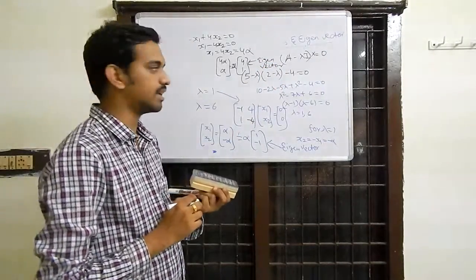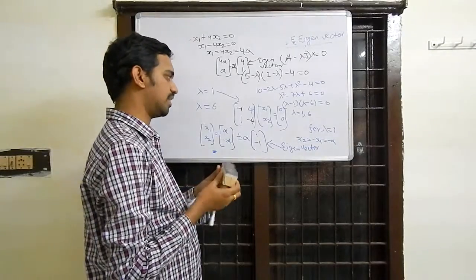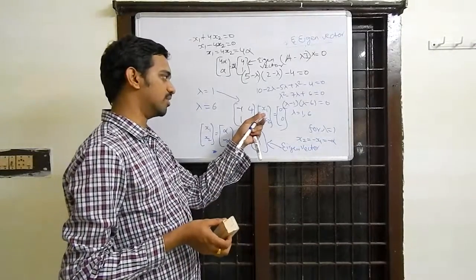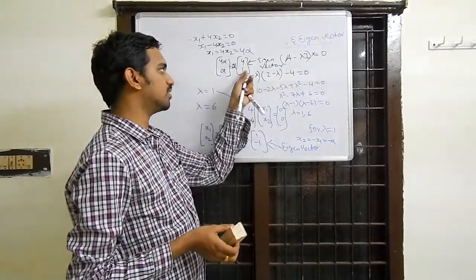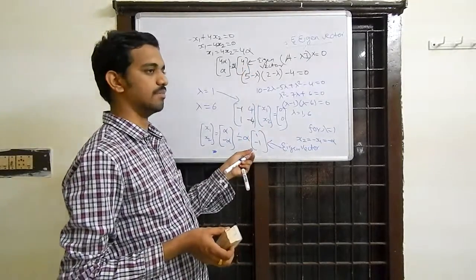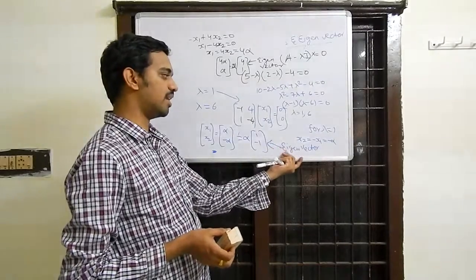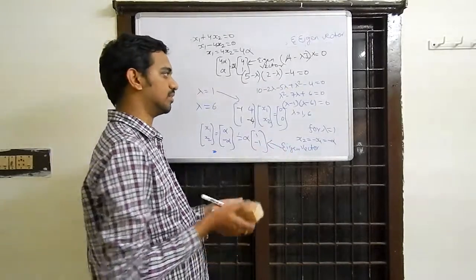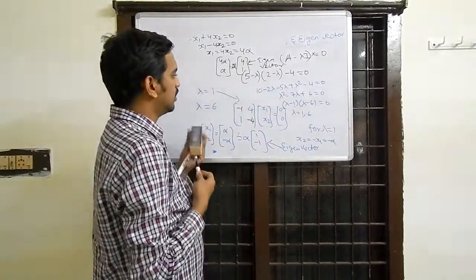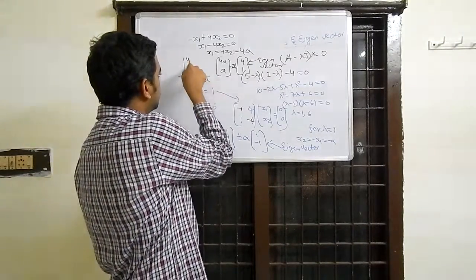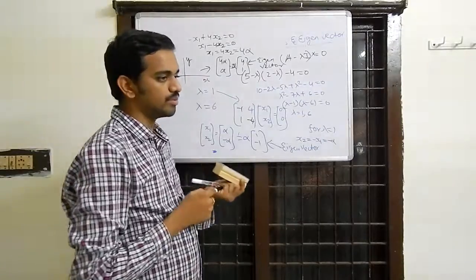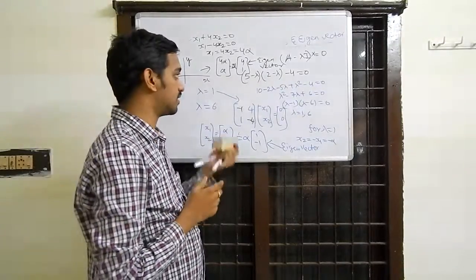So what is the necessity of the eigenvector? It is nothing but that we are calculating the unknown values. I already told you to find out the unknown matrix. We are finding out the unknown matrix using a particular lambda, so whatever the eigenvalue is, we are changing that. Simply I say that about the x and y domain: I am interchanging the x and y domain to the u and v domain, right?